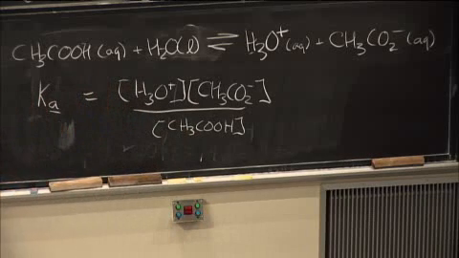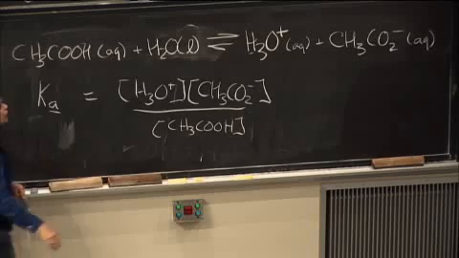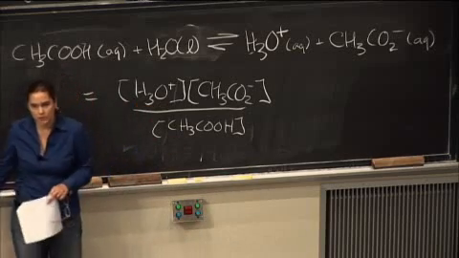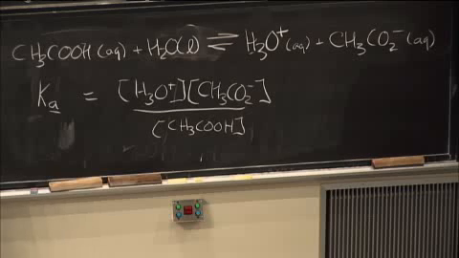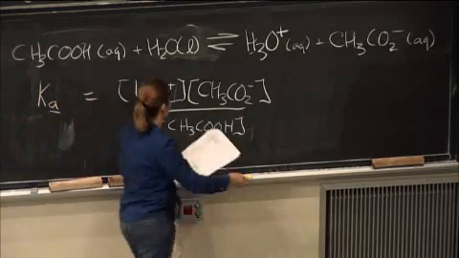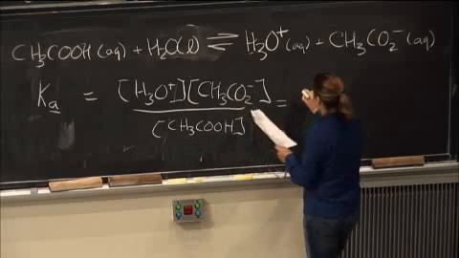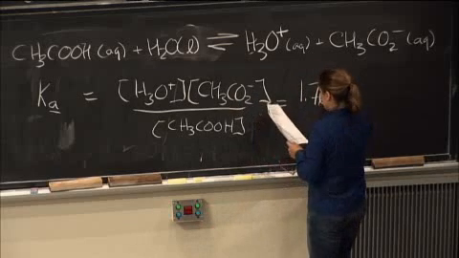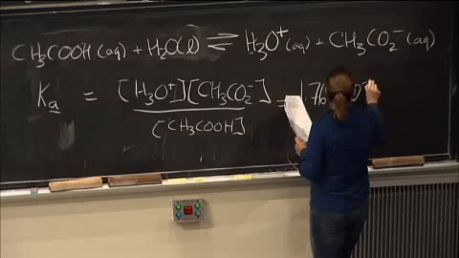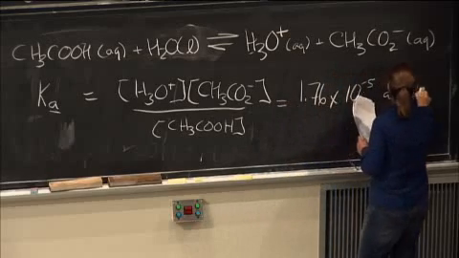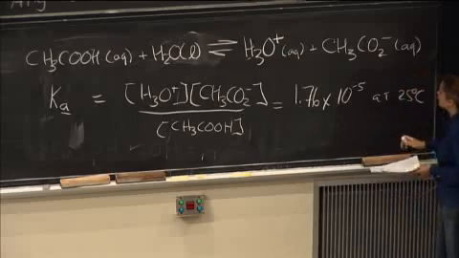And there is no water in that equation, because here the water is pretty much pure. It's the solvent, so its concentration is not going to change very much. So it is left off. And I can tell you that the ionization constant here is 1.76 times 10 to the minus 5. Again, that's temperature dependent, so that's at 25 degrees.